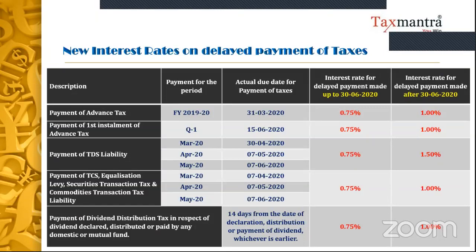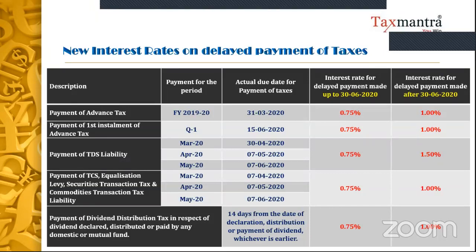If the taxpayer is not able to make the payment within the due date, but makes the payment before 30th of June, then interest will be levied at a rate of 0.75%. If such payment is made after 30th of June, then interest would be 1%.